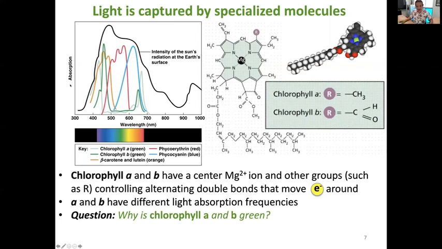And on the y-axis, it's showing how sensitive, how good at absorbing these particular wavelengths of light these different pigment molecules are. So chlorophyll A is in light green, chlorophyll B is in dark green. You can see the light green is over here, there's a peak over here at maybe 420 or so.